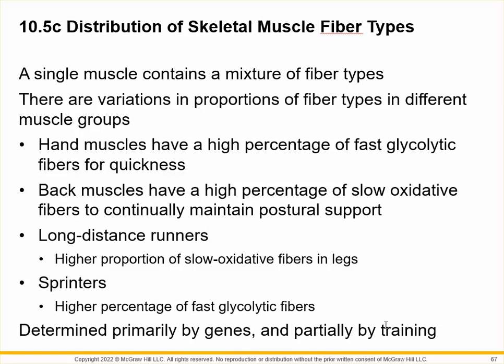So any muscle is a mixture of these types. But depending on what you're doing, different muscles have different mixtures. So muscles for your hands, lots of fast glycolytic because you want quickness of movement, playing piano and that kind of thing. Back muscles, slow oxidative to maintain postural support.